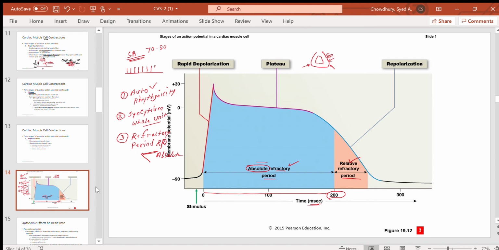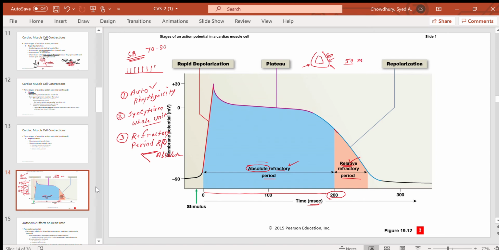And near the end of the contraction, if the signal is strong, the heart may respond to that. If it is weak, the heart may ignore it. So it is not absolute, it is relative. Depending on the strength or type of the signal, the heart may listen. Now, only the last 50 millisecond is the relative refractory period.